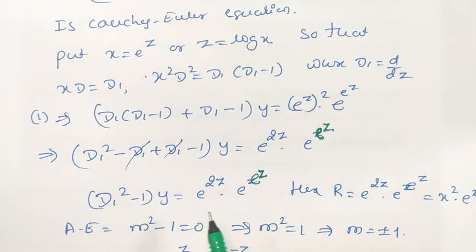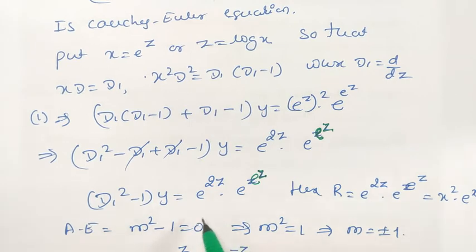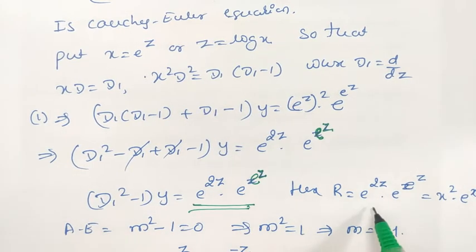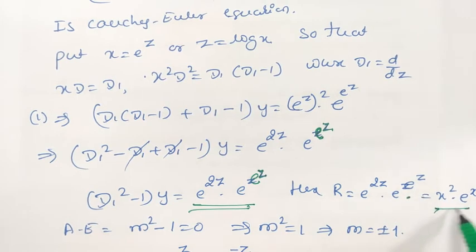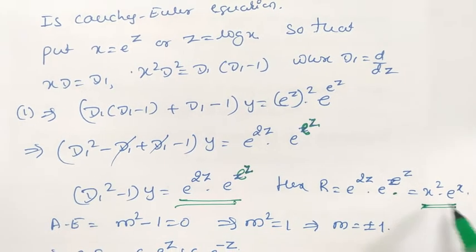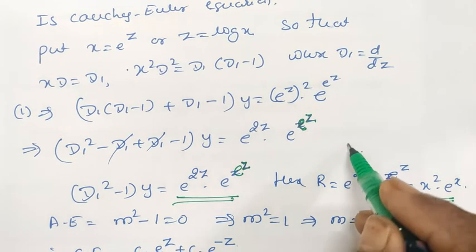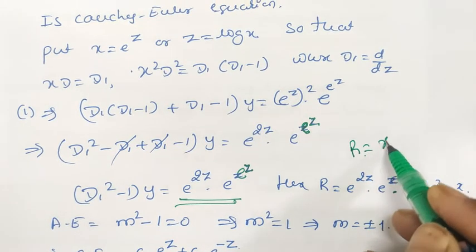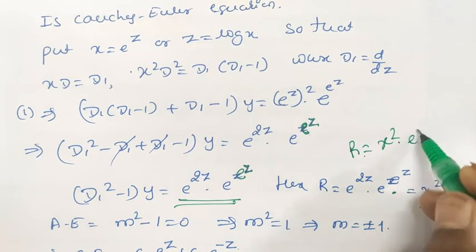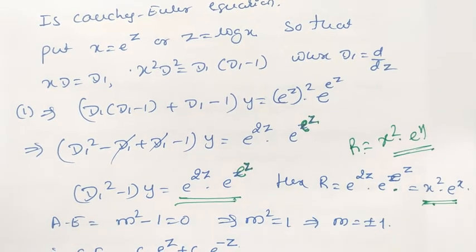Here this RHS is our r, which is e to the power of 2z into e to the power of z, or it is nothing but x square into e raised to x. We can take this one, because it is not necessary here. We can take directly, this is only r. Thus this implies r is equal to x square into e raised to x only. No need to convert this in terms of z.